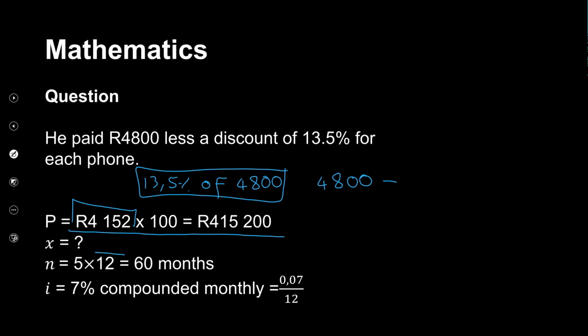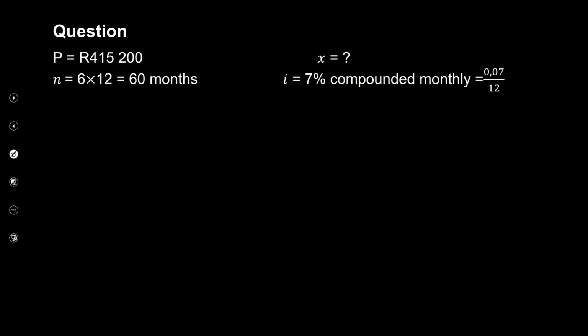Now, this is for 5 years, so it's for 60 months, and the interest is 7%. So from there, I will then want to find what the x is. I will say P is equal to x into 1 minus (1 plus i) to the exponent of negative n, divided by i. Please remember to start with the formula at all times.